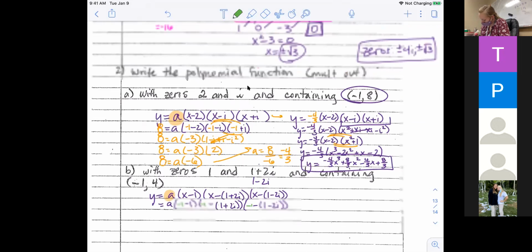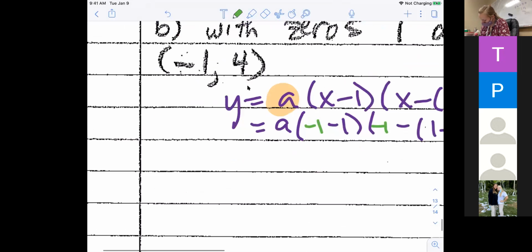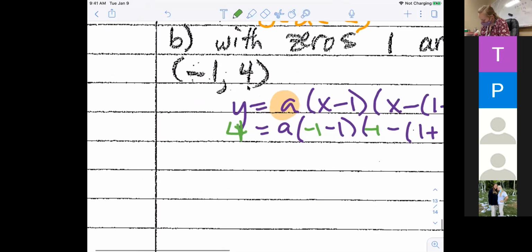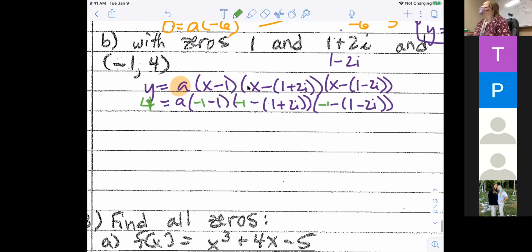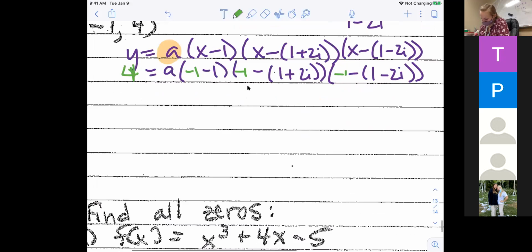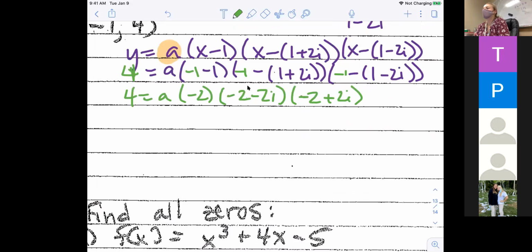And then this time my y is 4. I gotta do all my multiplying. 4 equals a, negative 2. And this is negative 2 minus 2i. And then this is negative 2 plus 2i. Everyone okay with what I've done so far? Make sure you're careful with your signs.